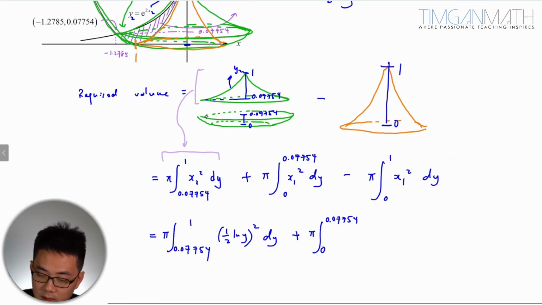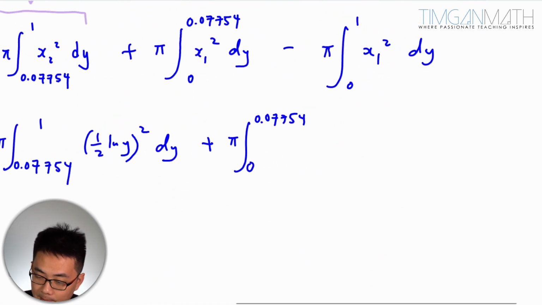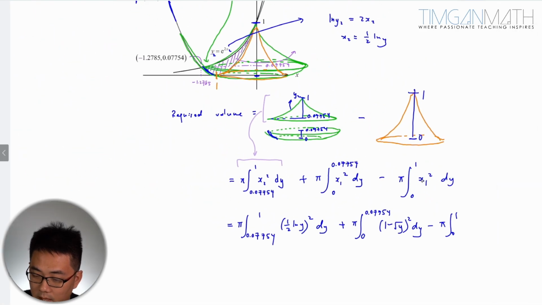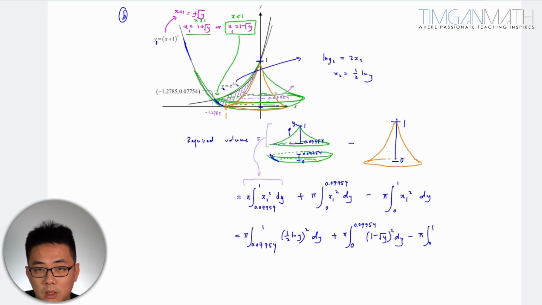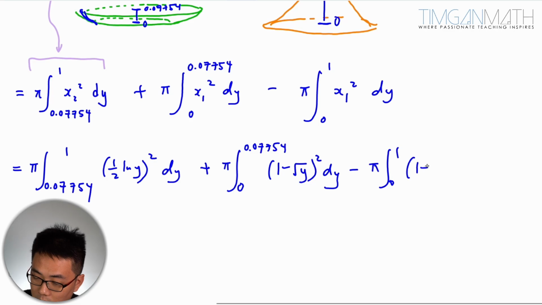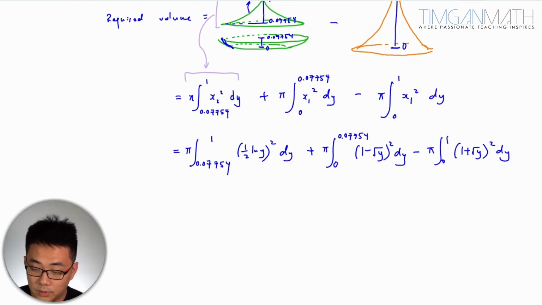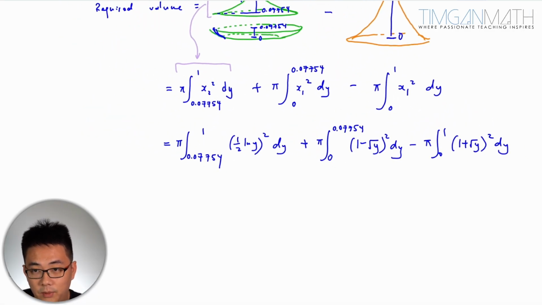Now this x1 here, this curve here, would follow this equation, which in turn means that we are going to use 1 minus root y, squared, dy, minus pi from 0 to 1. So x1 will be here, then x1 will be 1 plus root y, squared, dy. There you go. This should be your answer. I am going to just key in the calculator and we'll see what we get.